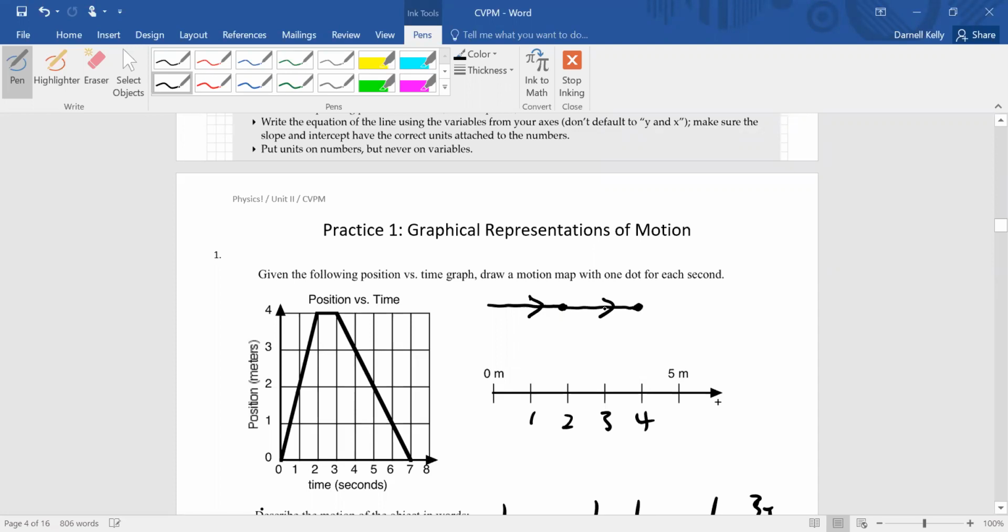We're going to the right, increasing our position, 2 meters per second, at least so far. Now is a problem, or difference. At the 4 meter mark, what's happening between 2 and 3 seconds? It stays at 4. Exactly, it's at rest.